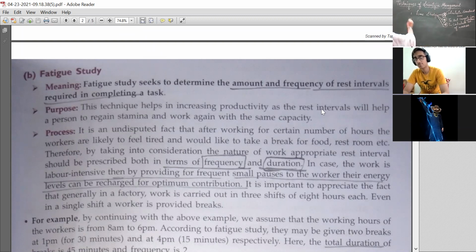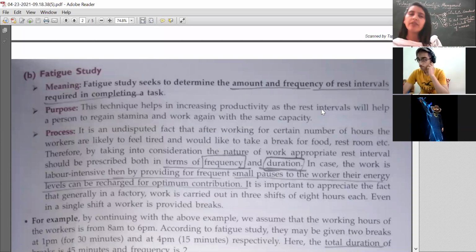F.W. Taylor said that in fatigue study, we have to calculate the time which is required to do a particular work, which we have already studied. And then after how much time the person will not be in the ability to do that particular work.